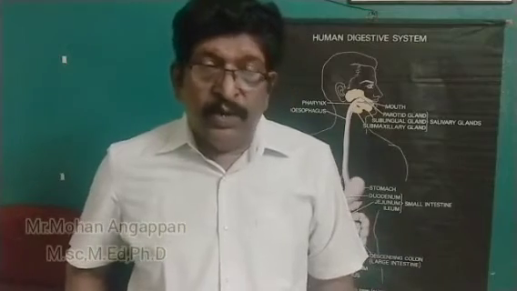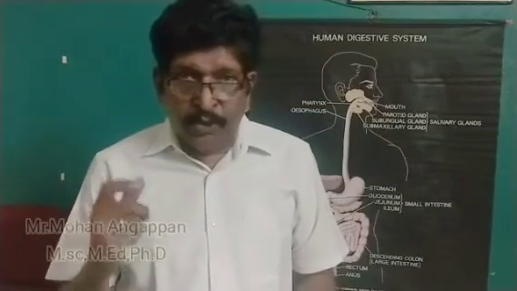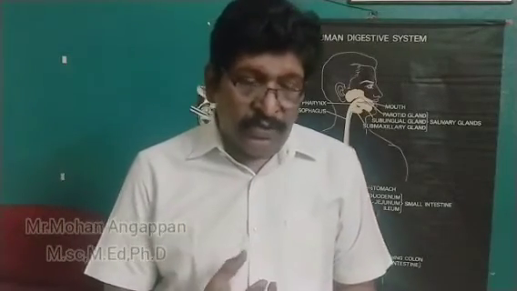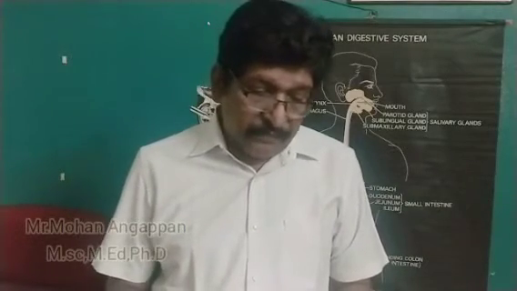Bile is secreted by the liver but stored in the gallbladder. The gallbladder doesn't secrete bile, it is only a storage portion of the bile. You must differentiate and remember. It's also an MCQ. So the gallbladder acts as a storehouse of the bile secreted by the liver.